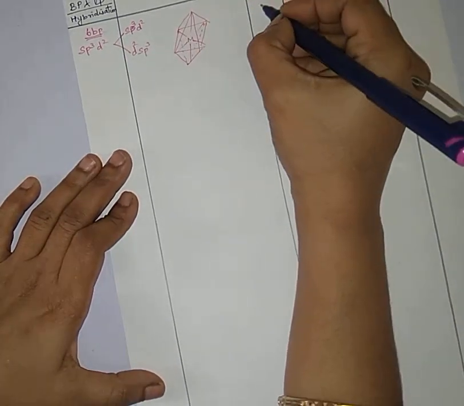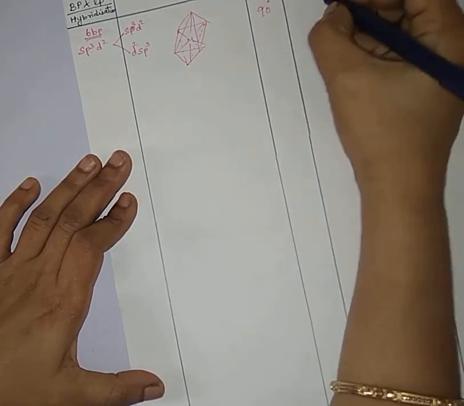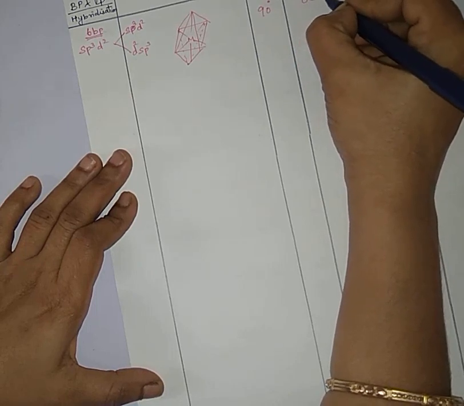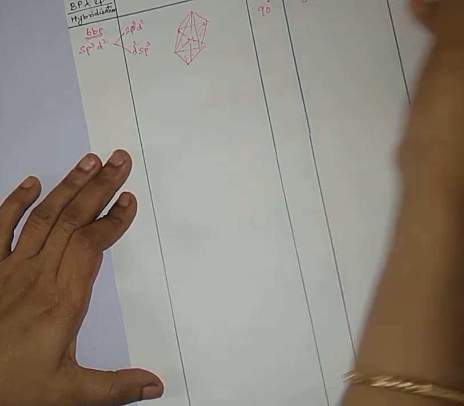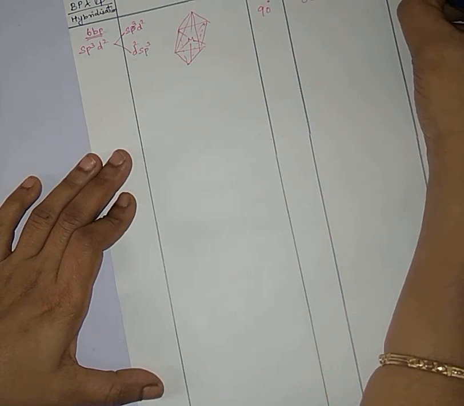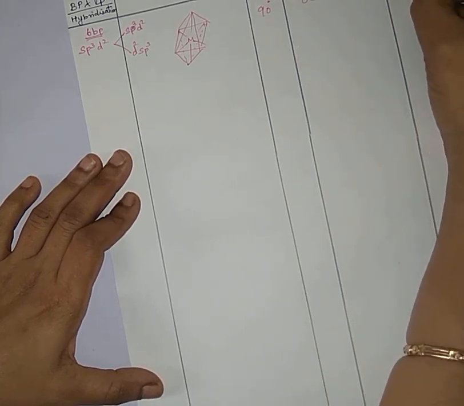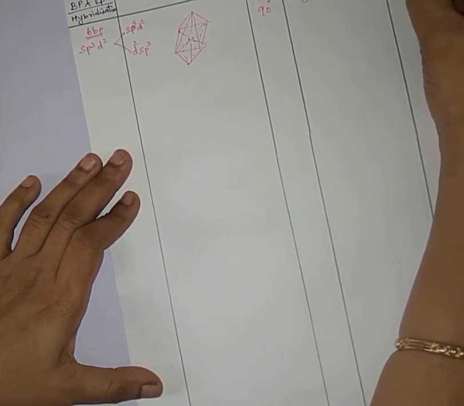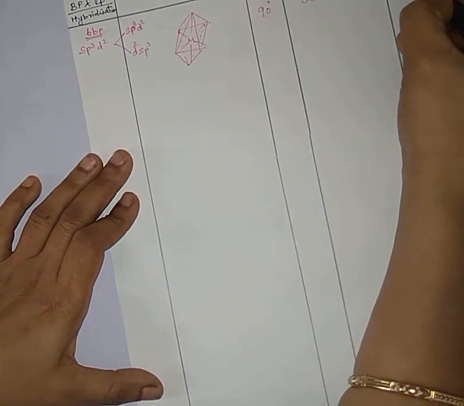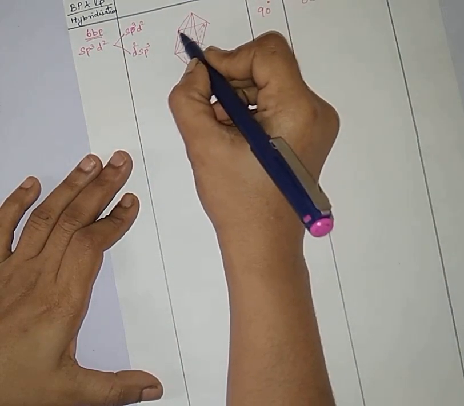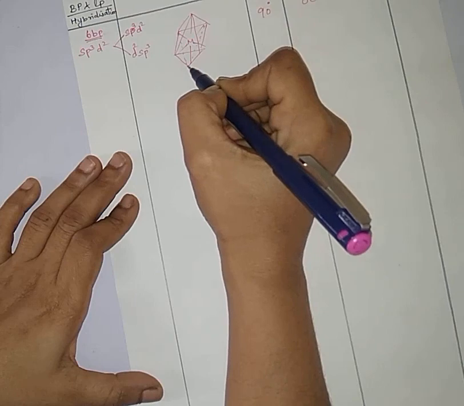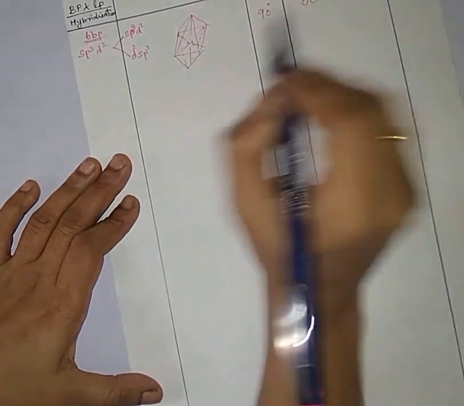The angle of these is 90 degrees. Don't forget, the angle is 90 degrees. This is octahedral geometry, point group Oh. The example for this is SF6. 6 bond pairs will be there, so 6 fluorine atoms. Here sulfur will be there. Here 4 fluorine, here 1 fluorine, here 1 fluorine. 6 fluorine atoms will be there. Here it is the example.